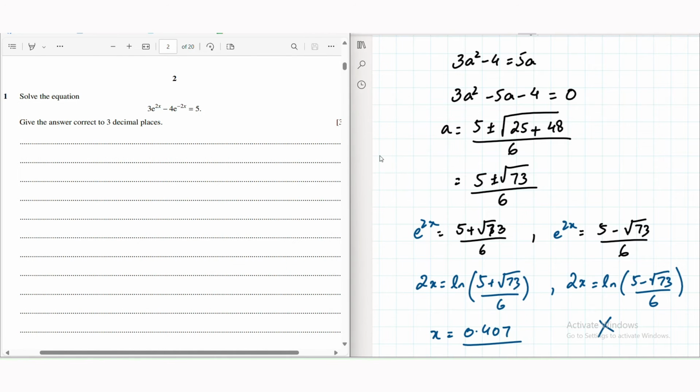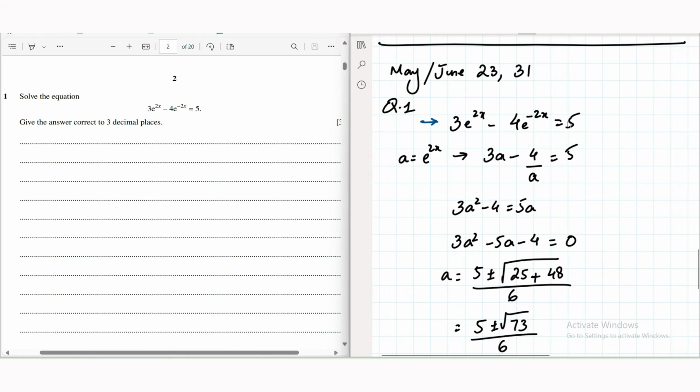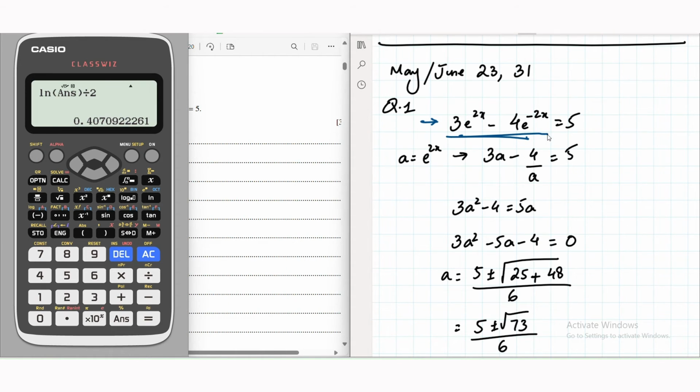Okay, now we go back to this equation over here and put x in this side, we should get 5. So 3 e raised to power 2 times the answer minus 4 e raised to power minus 2 times the answer, and we get 5. So that means our answer is correct.